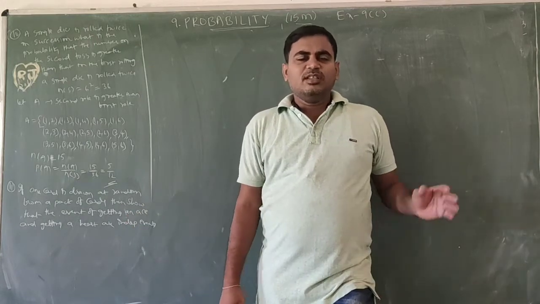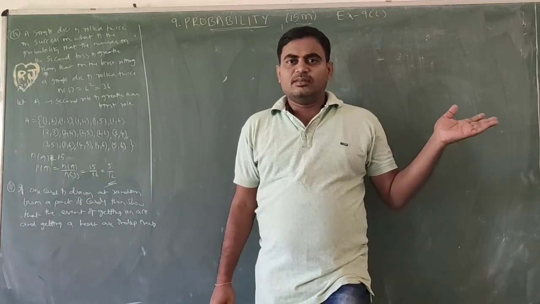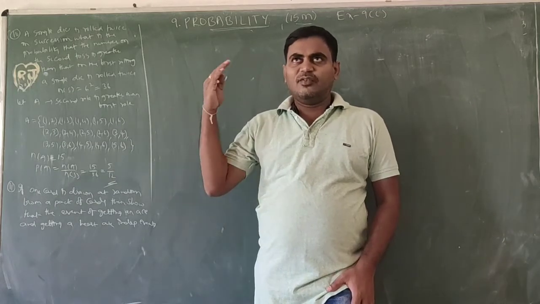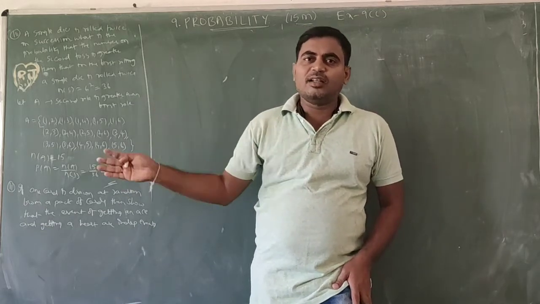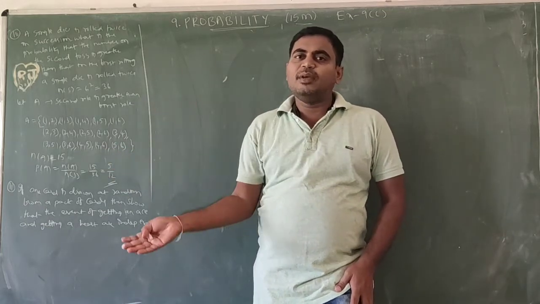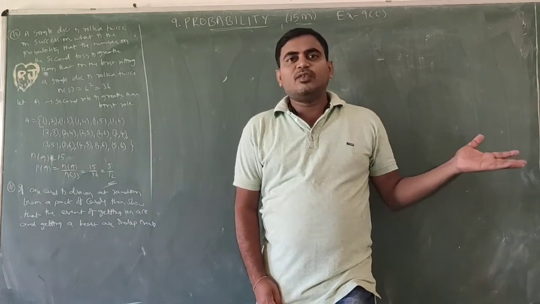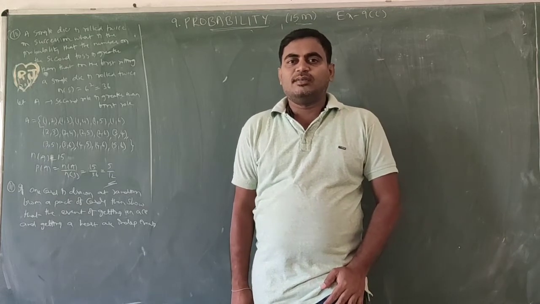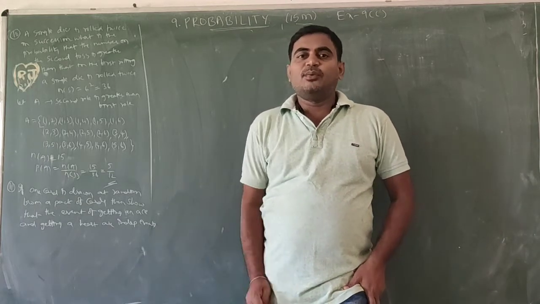So ace doesn't depend upon heart. If it is an ace, it may be heart, may not be heart. If it is a heart, it may be an ace, it may not be an ace. So heart won't depend upon ace, ace won't depend upon heart. Okay, so already we know these are independent events, but we need to prove it.